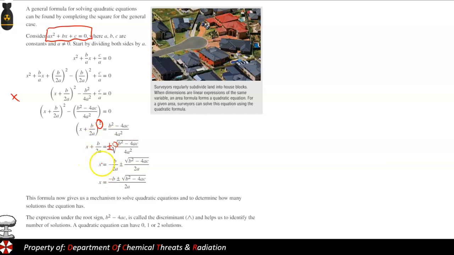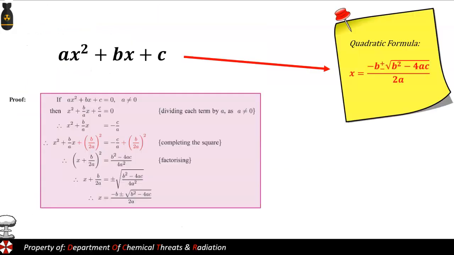We can then condense that, since we've got common denominators, so the top line just becomes this, and it's all over 2a. So that's how the quadratic equation comes about. As I said, you don't need to be able to recreate it. If you can't really follow the steps, that's completely fine.